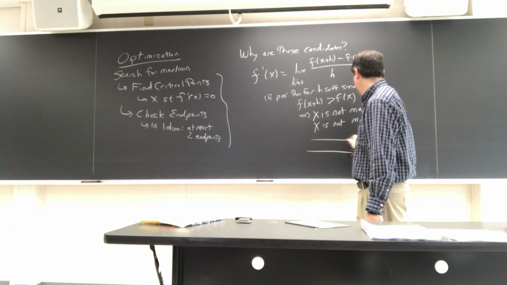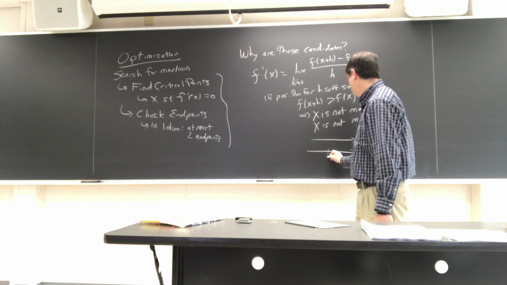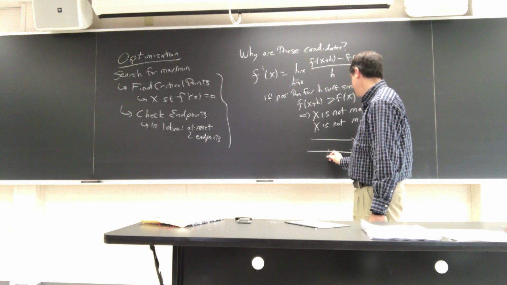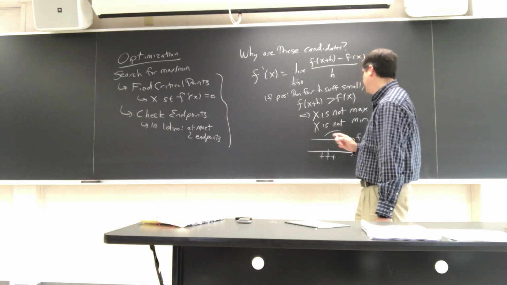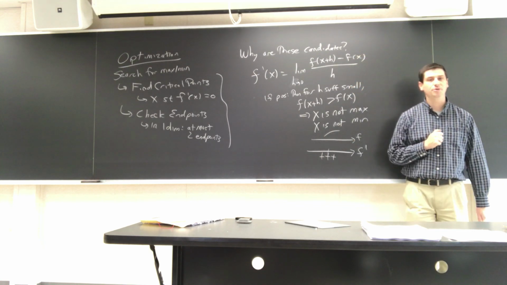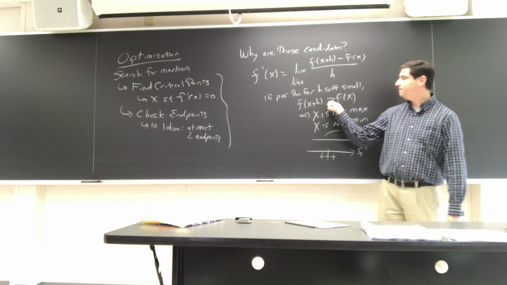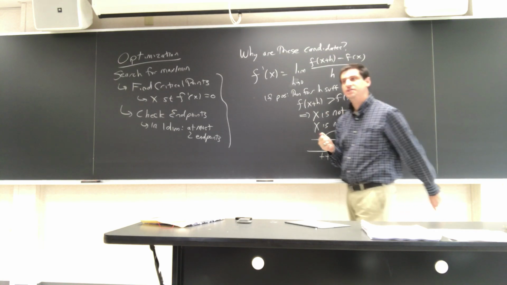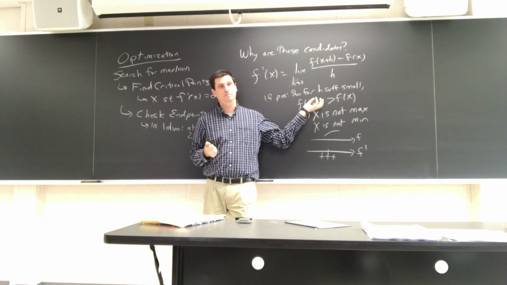Here's f prime, and here's maybe my plot of f. So if f prime at this point is positive, then my function has to be increasing in a small neighborhood. If my function is increasing to the right and decreasing to the left, this cannot be a maximum or minimum.